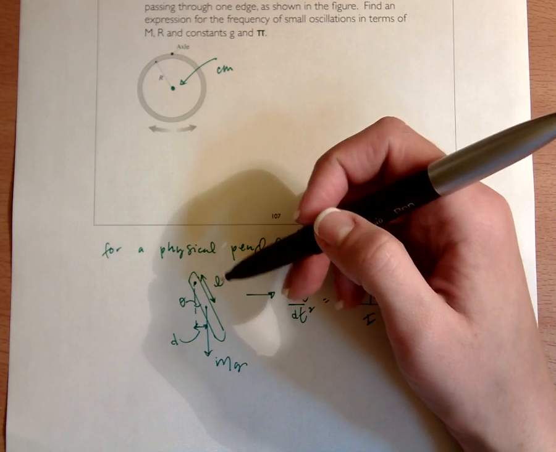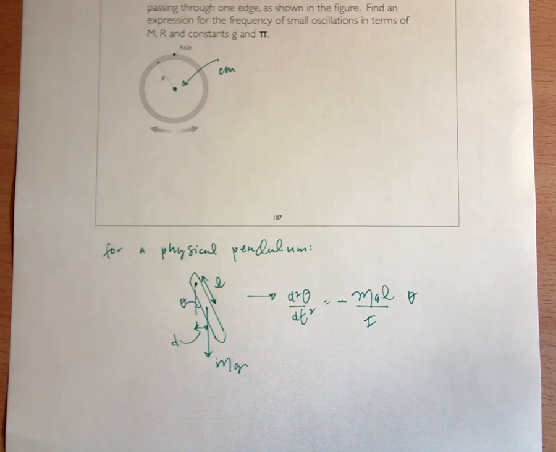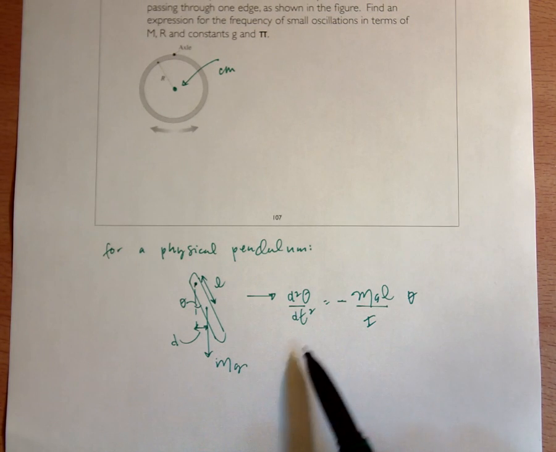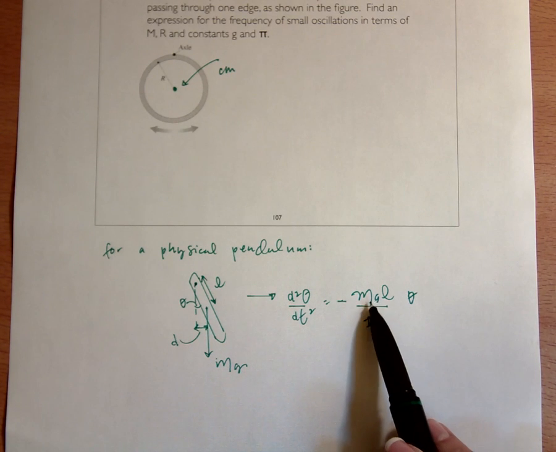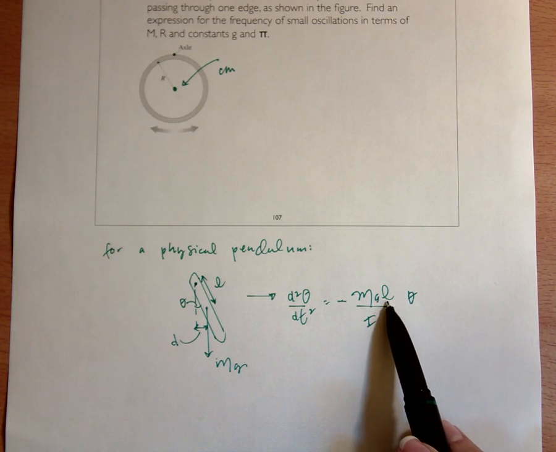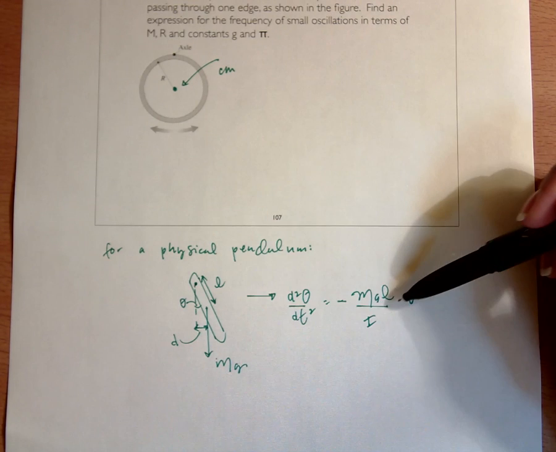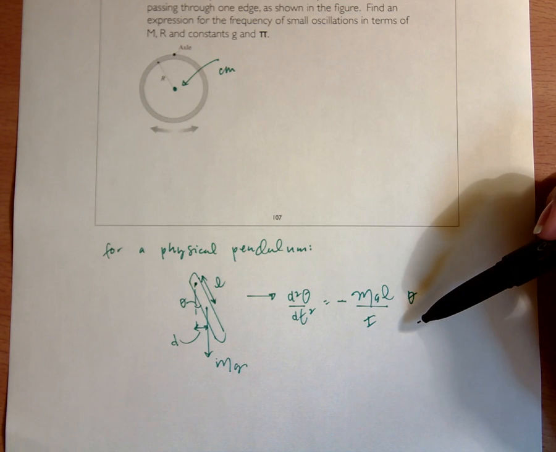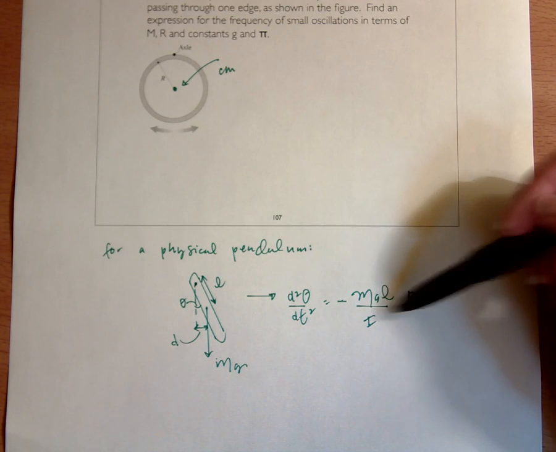So for this extended object, it can be shown that the acceleration, in this case the angular acceleration, is equal to the negative of mg, the weight, times L, where L is the distance between the pivot point and the center of mass, and all that is divided by I, which is the rotational inertia of the object.